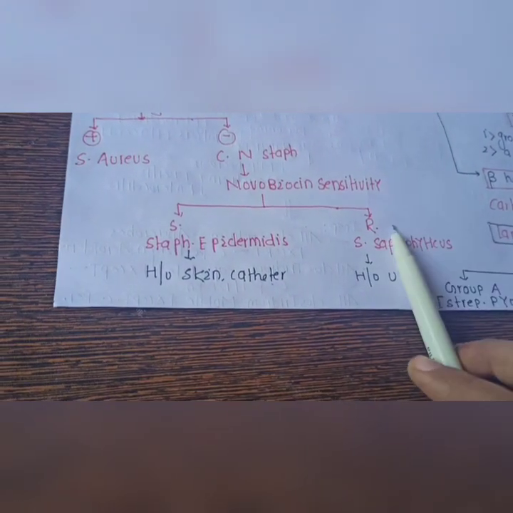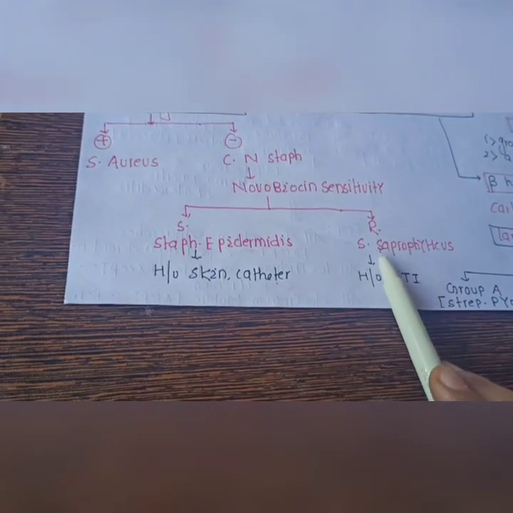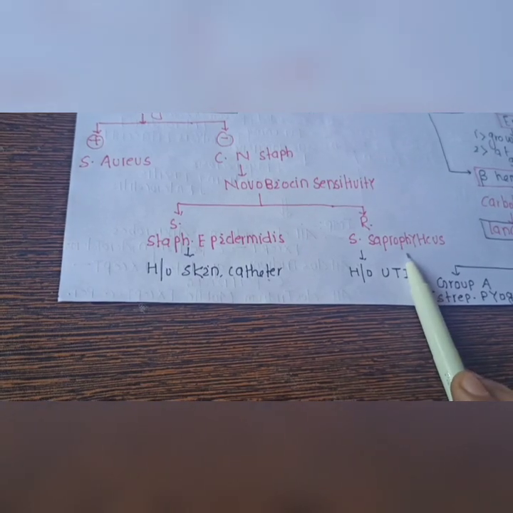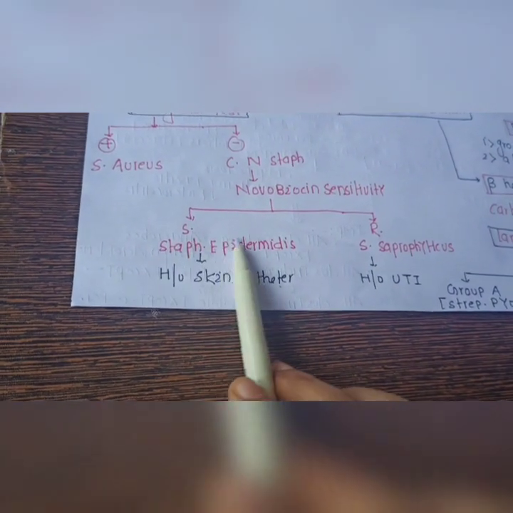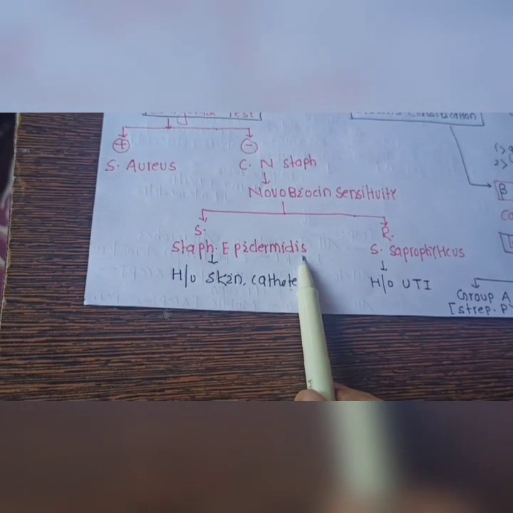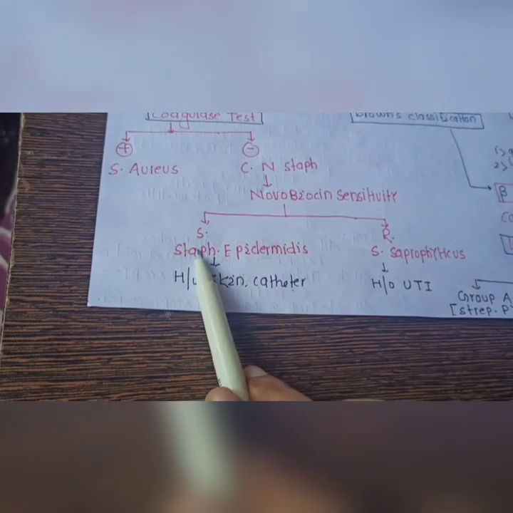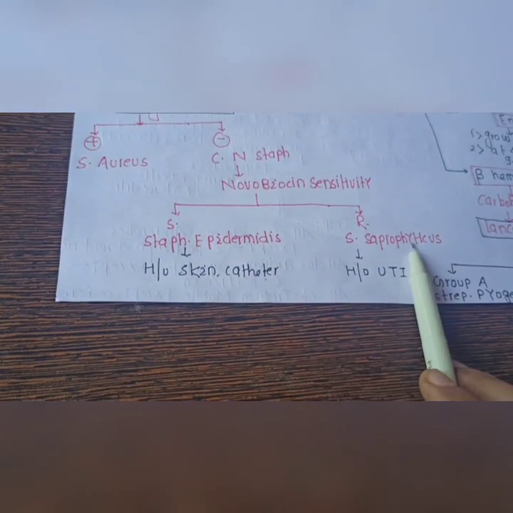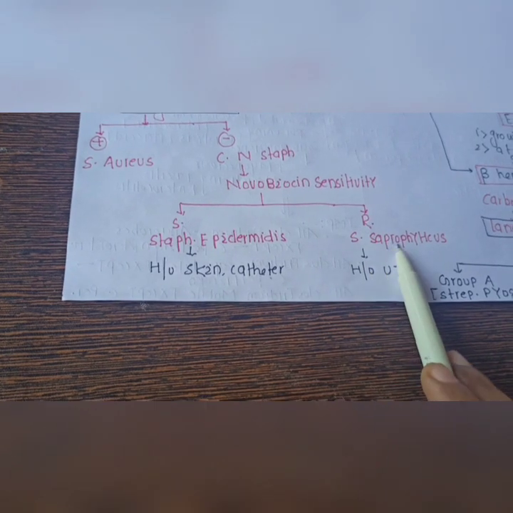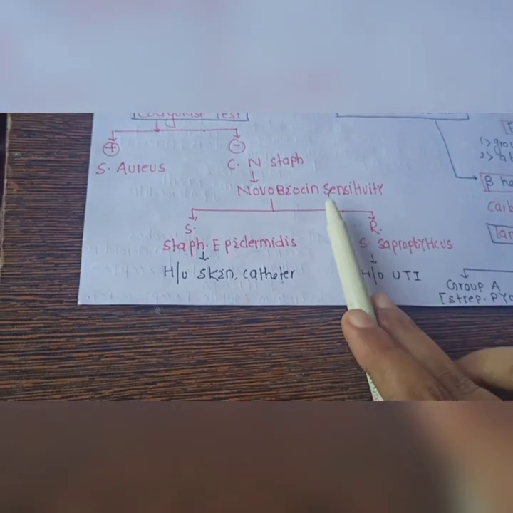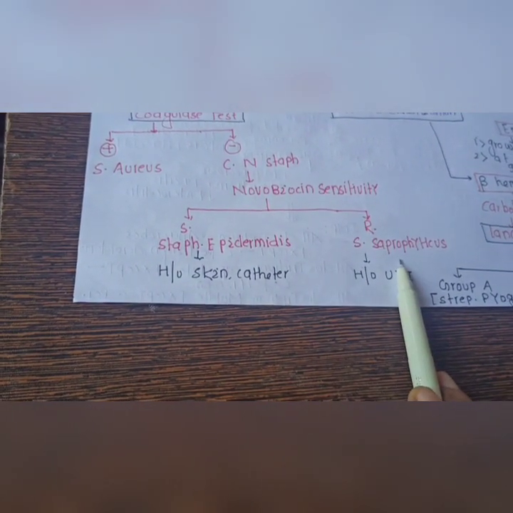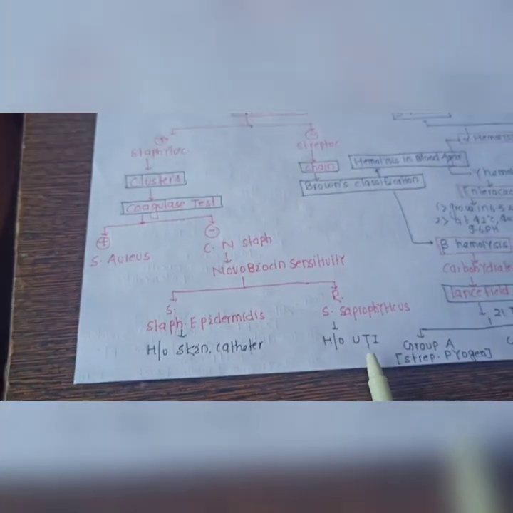Next, resistance: if novobiocin resistant, this is Staph saprophyticus. SS: novobiocin sensitive, Staph epidermidis. SS, saprophyticus, RR, resistance. Novobiocin resistant is saprophyticus, with a history of UTI.